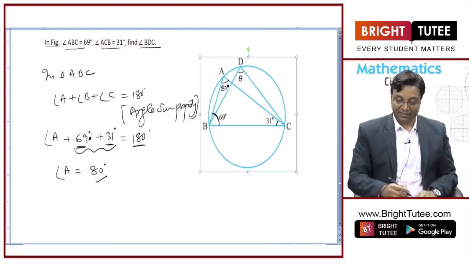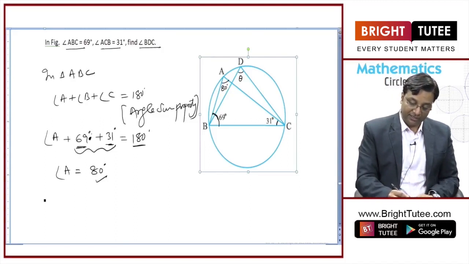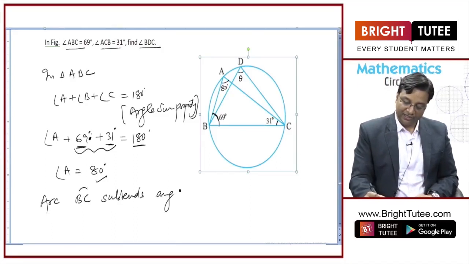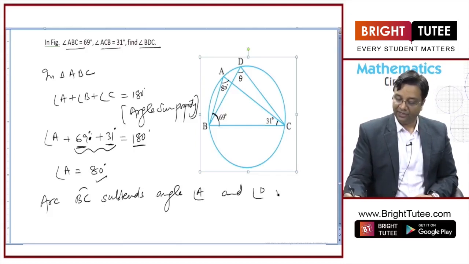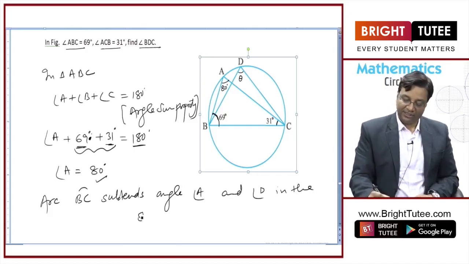If angle A is 80 degrees, look at the arc BC. Arc BC subtends angle A and angle D in the same segment of the circle.